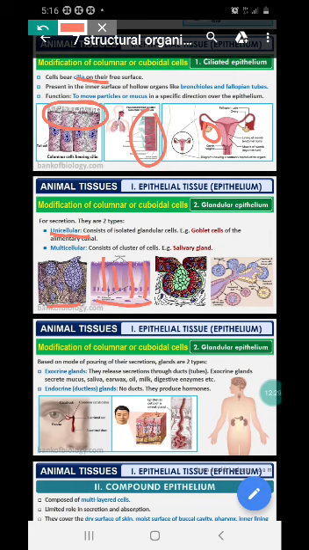In some other cases, like salivary glands, there is a cluster of cells, not a single cell. Many cells come together and behave like a gland to perform secretion. An example is the salivary gland.